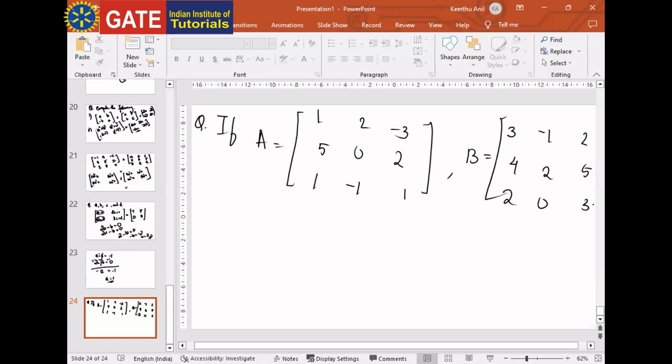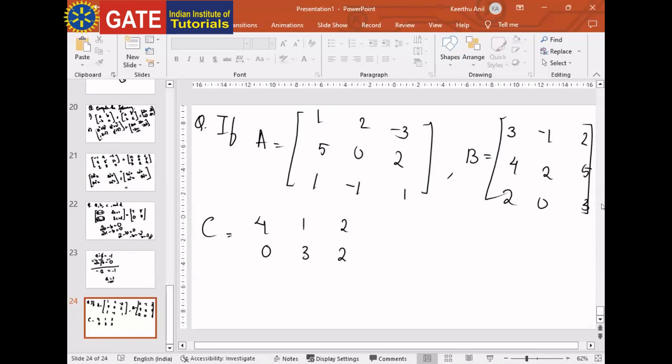This is the second matrix. And C equals 4, 1, 2, 0, 3, 2.